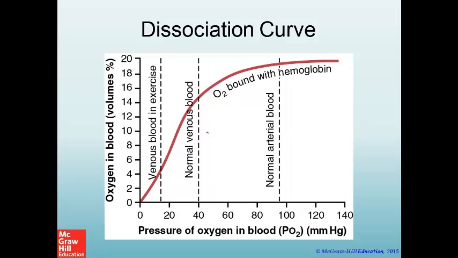So this dissociation curve here is going to help. This is basically a binding curve of hemoglobin with oxygen. So that's going to help with oxygen delivery and oxygen loading, so loading and unloading of oxygen from hemoglobin based upon the PO2 of the blood.